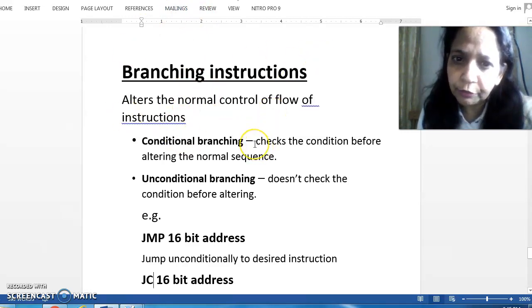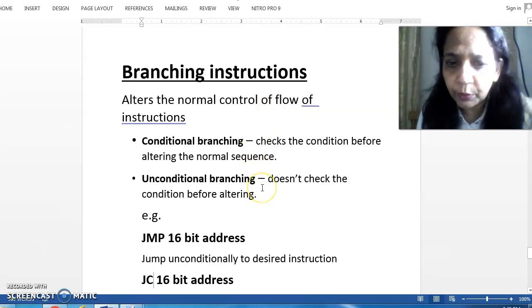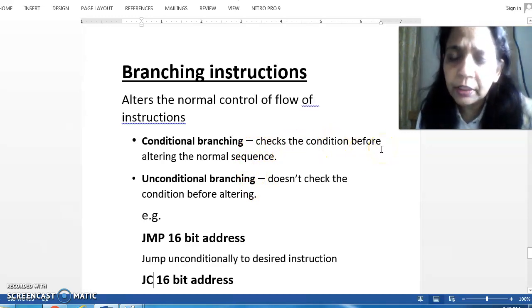There are two types: one is called conditional branching and the second is called unconditional branching. Conditional branching will check the condition of the flags before altering the normal sequence, and unconditional branching does not check any condition, it just alters the normal sequence.